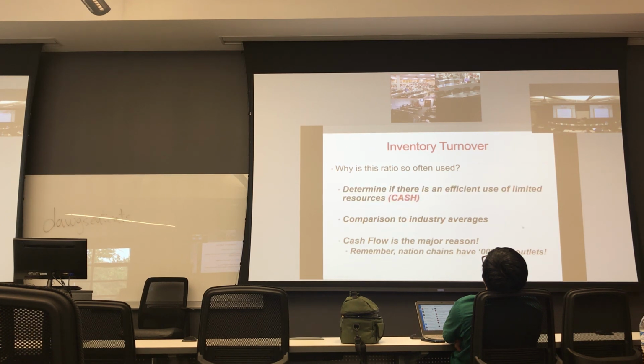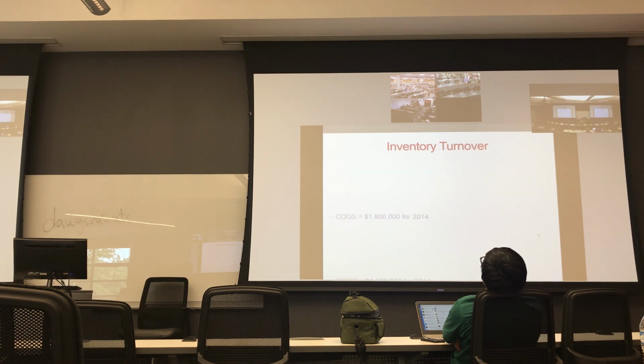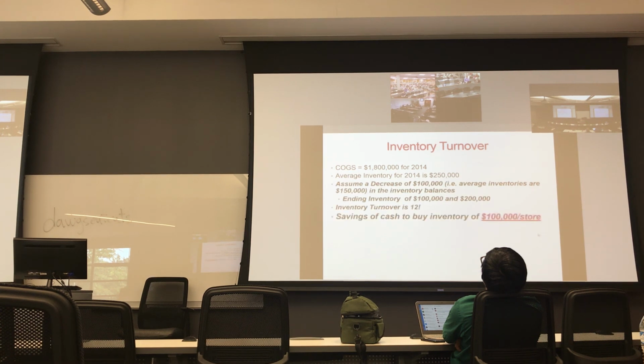And why do they worry about this? It's because of cash flow; they have to pay for it. So say your cost of goods sold was $1.8 million and the average inventory was $250,000.